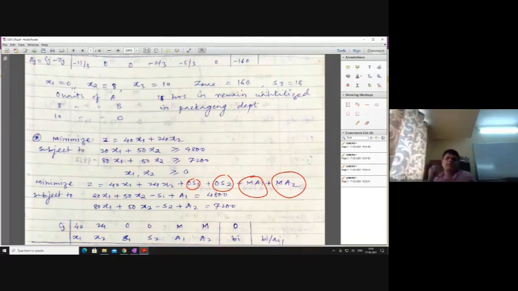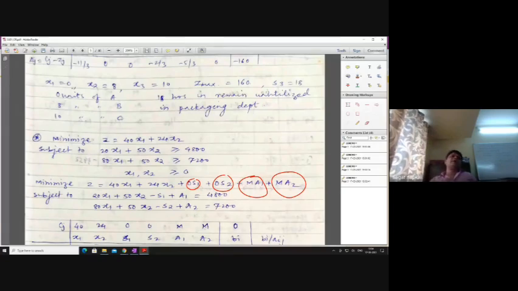Minimize. As we are interested in minimizing, we are going towards 0, 0 from infinity. Whatever will be the feasible region cut by the line joining these, we are coming from infinity to the 0, 0 point.